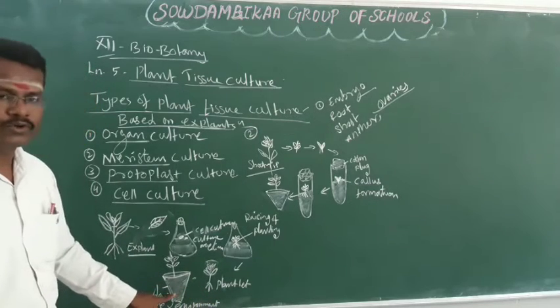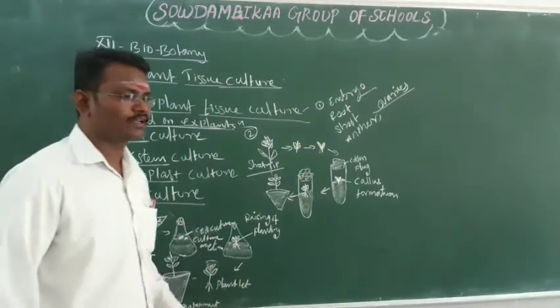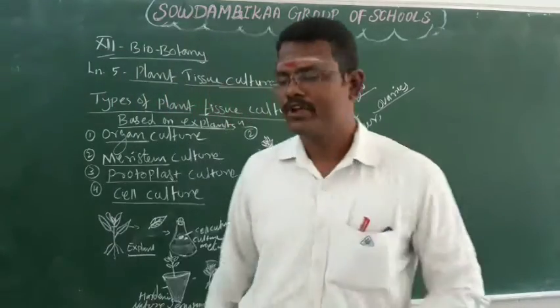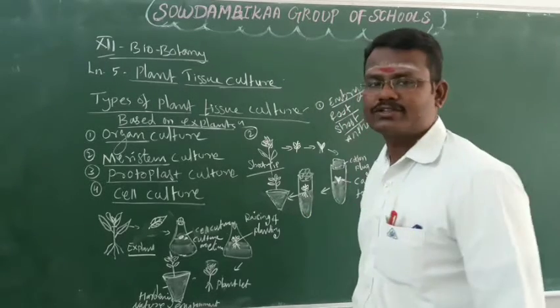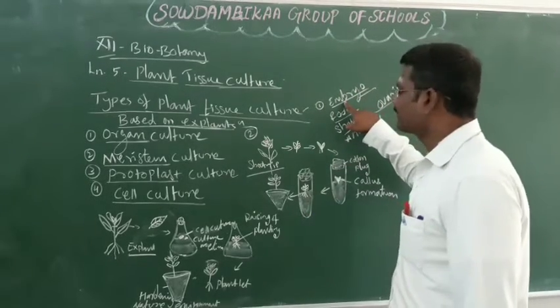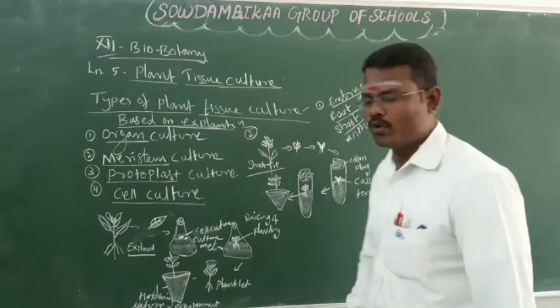Next, this plant will be moved to the garden. So organs can be used for culture of the plant. What are the organs we can culture? Embryo, root, shoot, anther and ovaries.